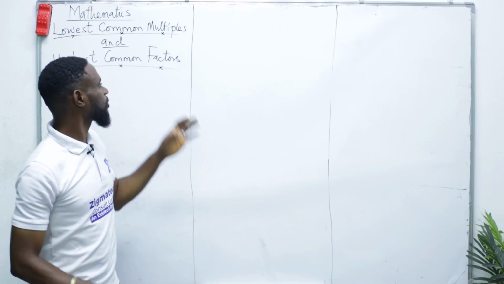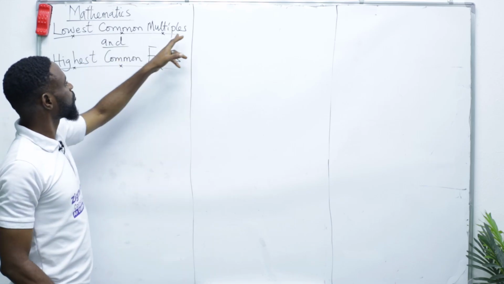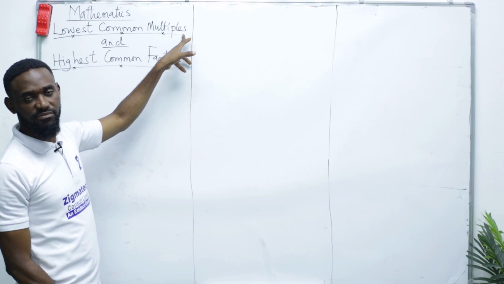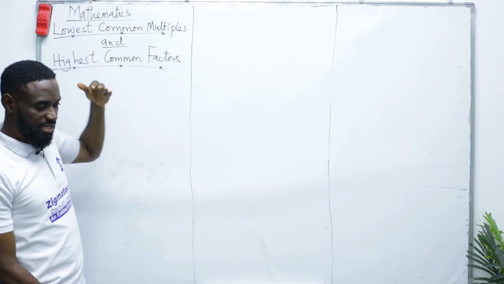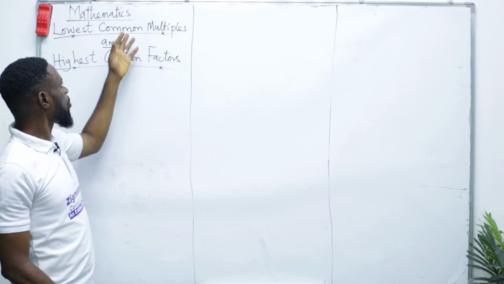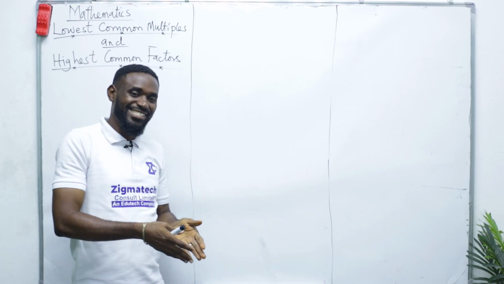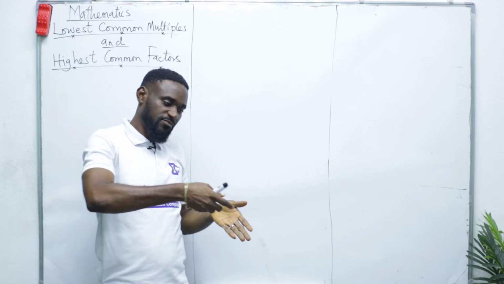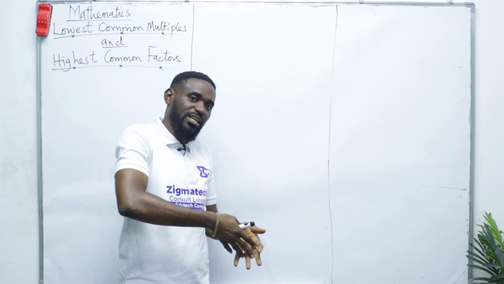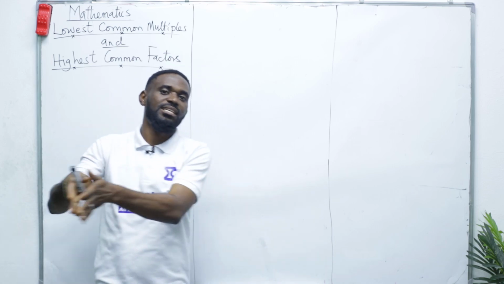First of all, let's look at lowest common multiple. I think we should understand what a multiple is first, because lowest means the least. Then common means something that is generalized, a feature you can see in one entity and also in another.